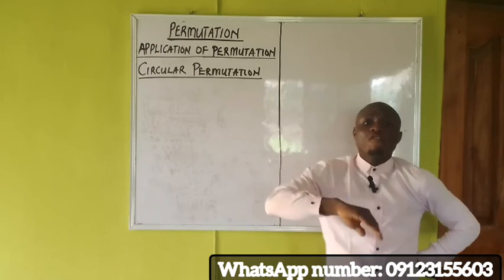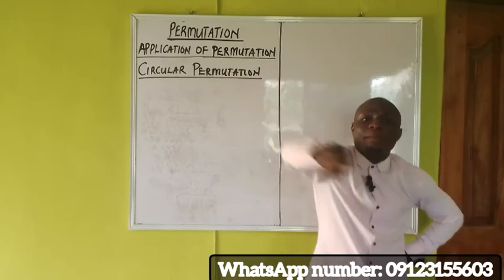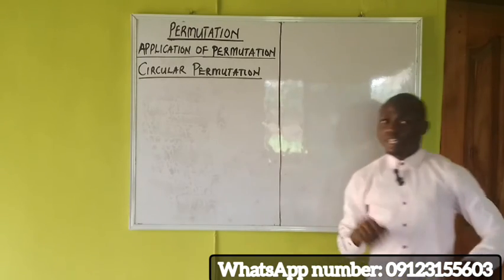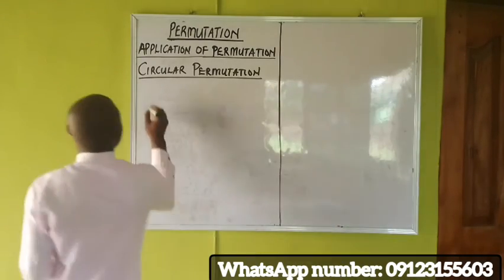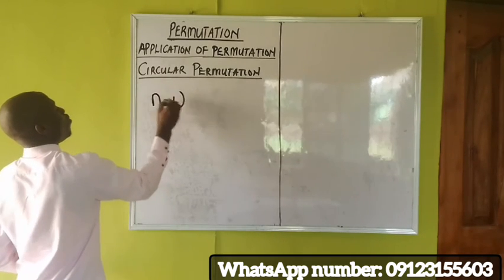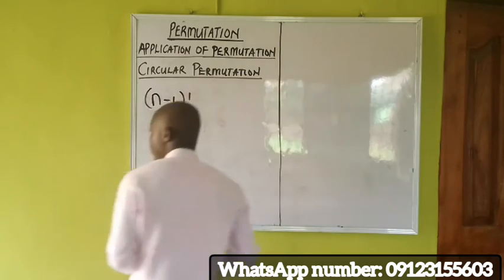Its formula is given by n minus 1 factorial. Here is the formula for circular permutation.